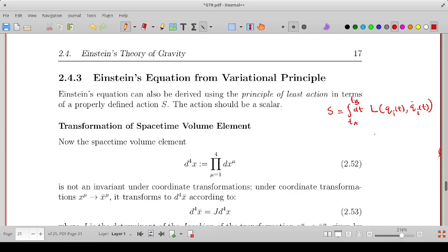And at ta and tb, the points qi(ta) and qi(tb) are all fixed.